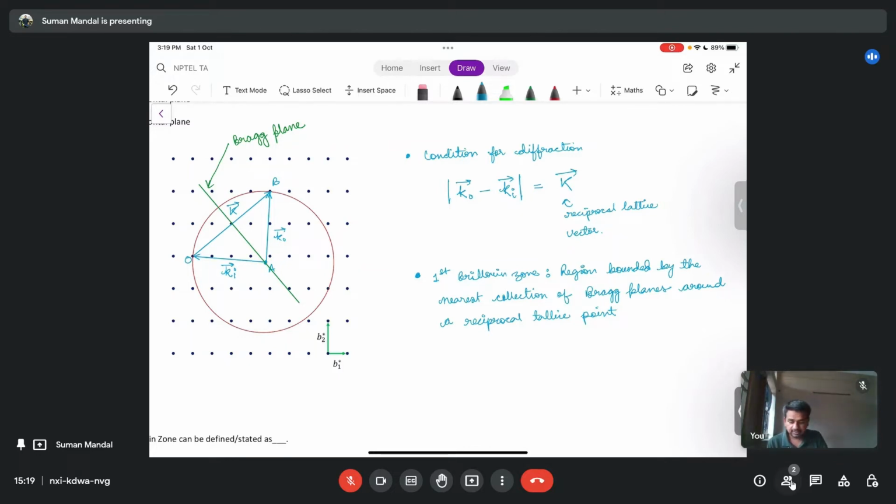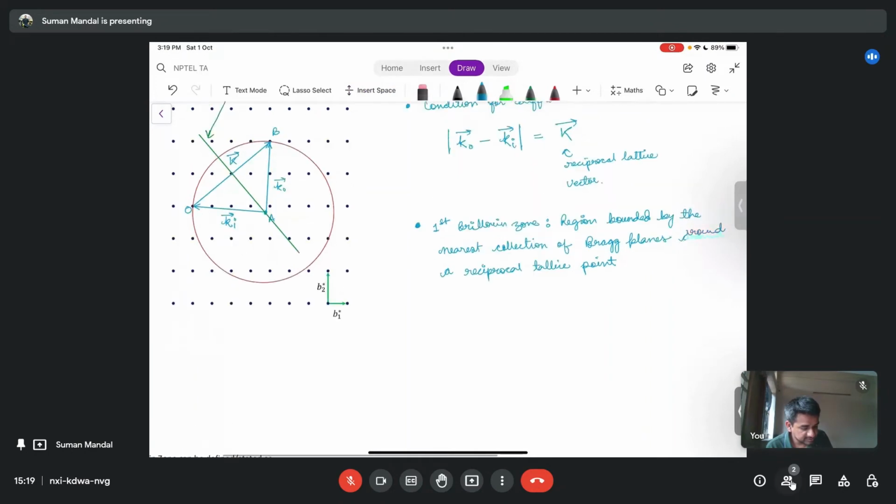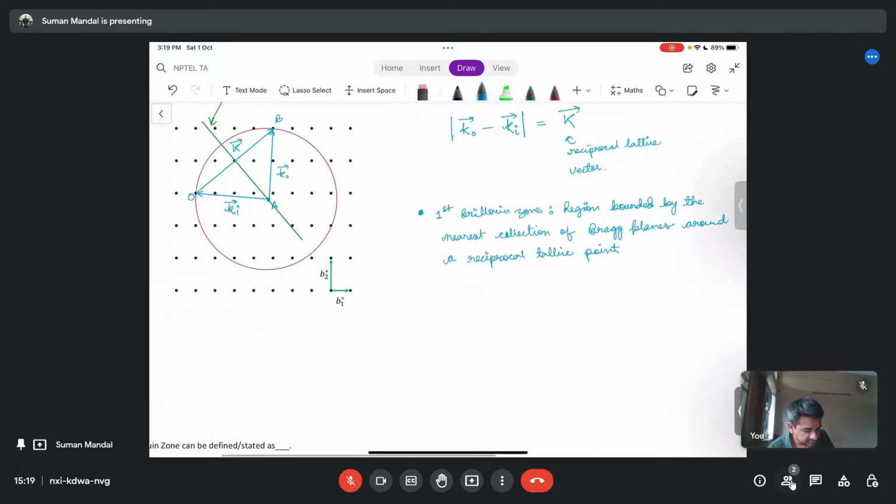Now, if we look at this diagram, we can see some interesting uses of the Bragg plane. Okay, so first I'll write down the statement.